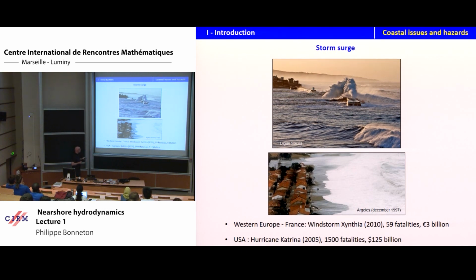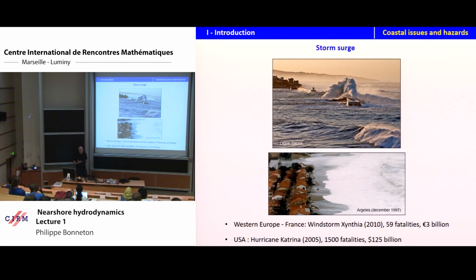But in the US, Hurricane Katrina led to very strong, catastrophic damages with 1,500 fatalities, and in terms of buildings and so on, $125 billion.